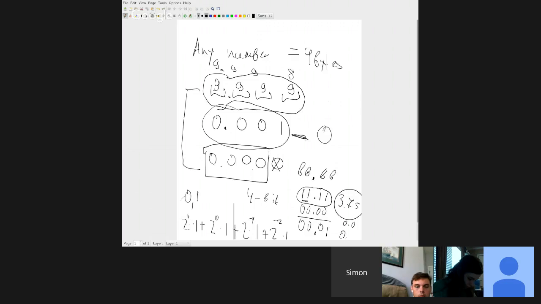Then 0 times 2 to the power of negative 1, so 0 times 1/2, plus 1 times 2 to the power of negative 2, which is 1/4. So in other words, precision would be 0.25. Sorry, let me just write here. 1/4 times that 1. So this will be precision.